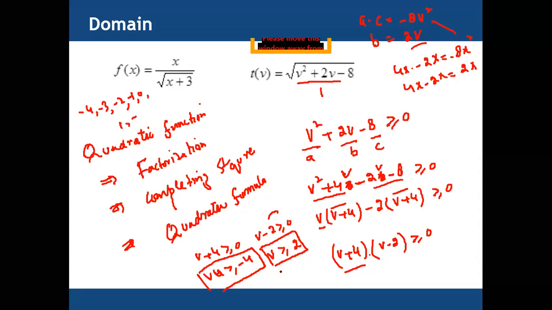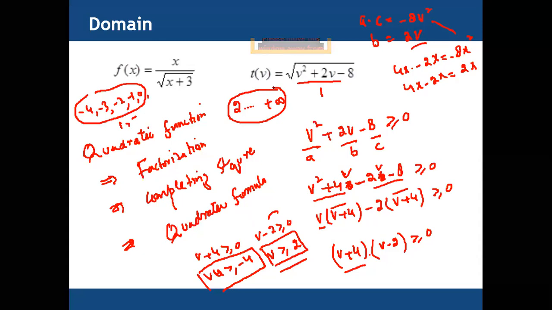What are the values greater than or equal to 2? All those values: 2 is possible, 3, 4, 5 possible. We have two conditions, but for the second condition v is greater than or equal to 2, so our domain of the function will be from 2 up to plus infinity.